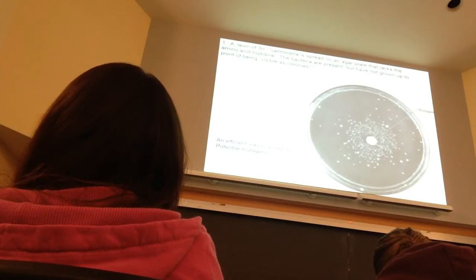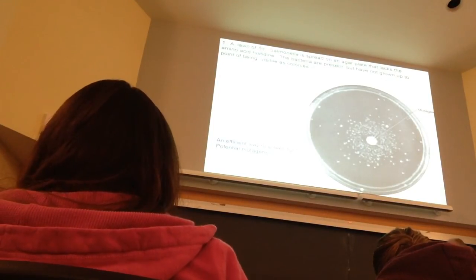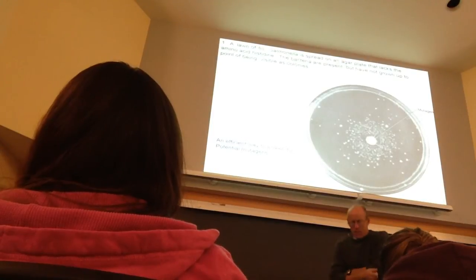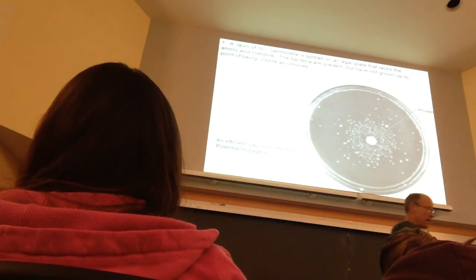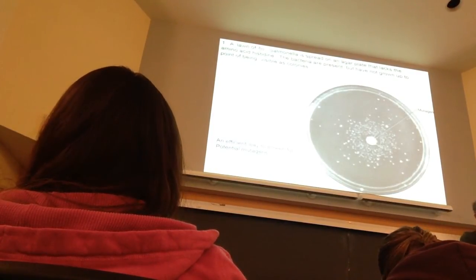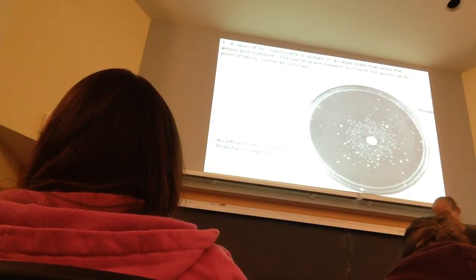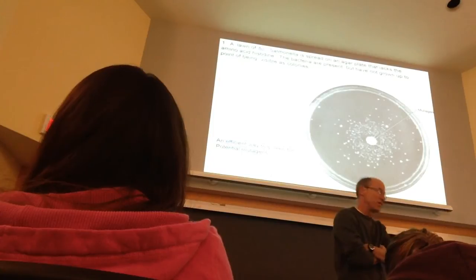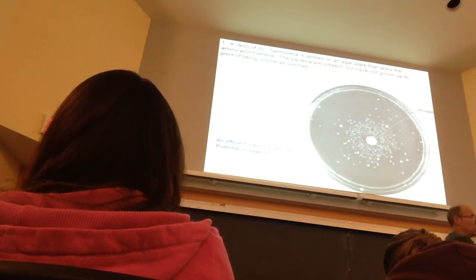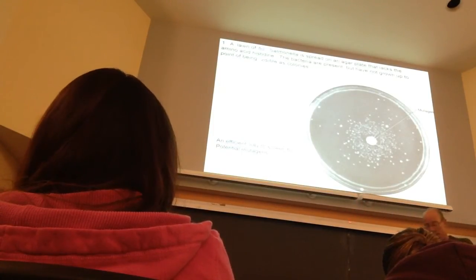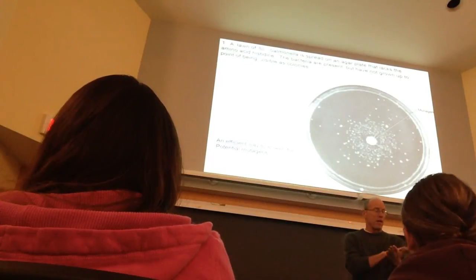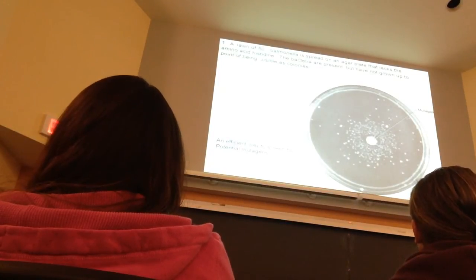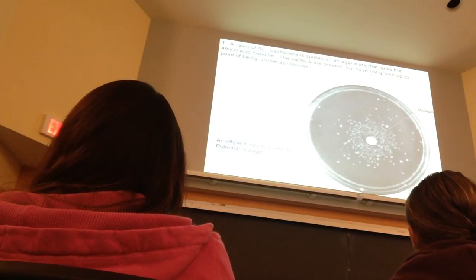So how we do this, and you're going to be doing a similar assay, is you take an agar plate that does not have histidine, and you spread the entire plate with this histidine minus mutant, this organism that cannot grow in the absence of histidine. And then, at the same time, you put the disc right in the middle of the plate.